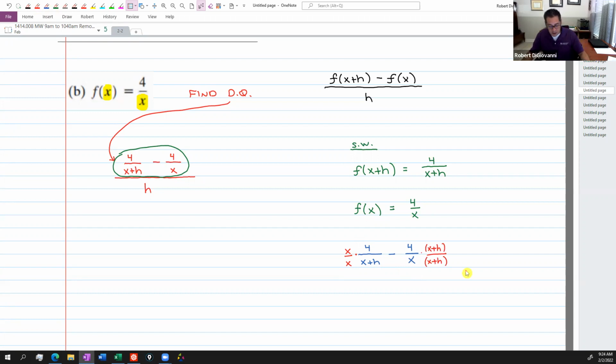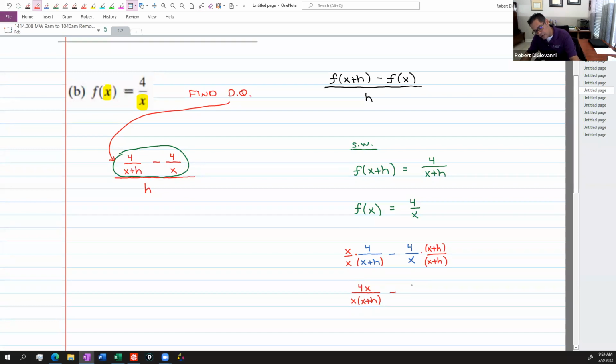Now, when I multiply, I go straight across. I'll get 4x on top. I'll get x times x plus h on the bottom. I could distribute this x through, but I'm not going to. I'm just going to leave it as x times x plus h.